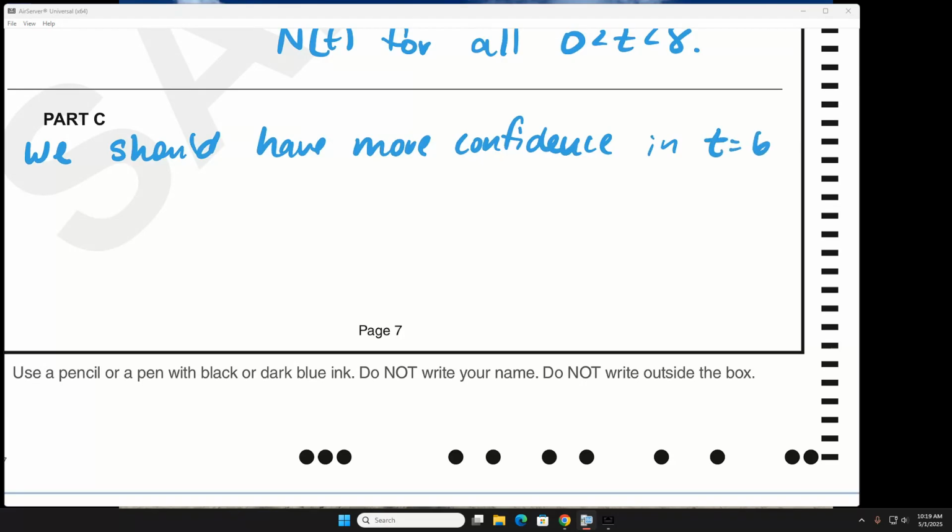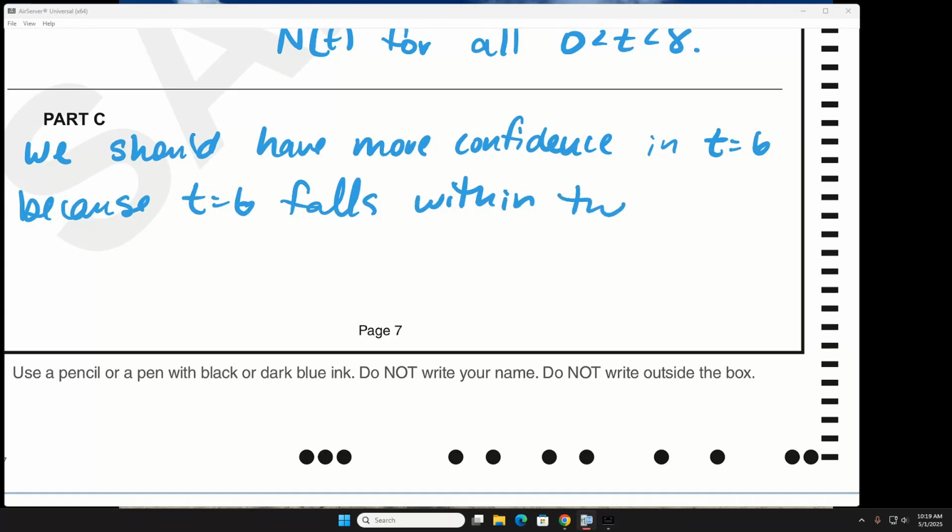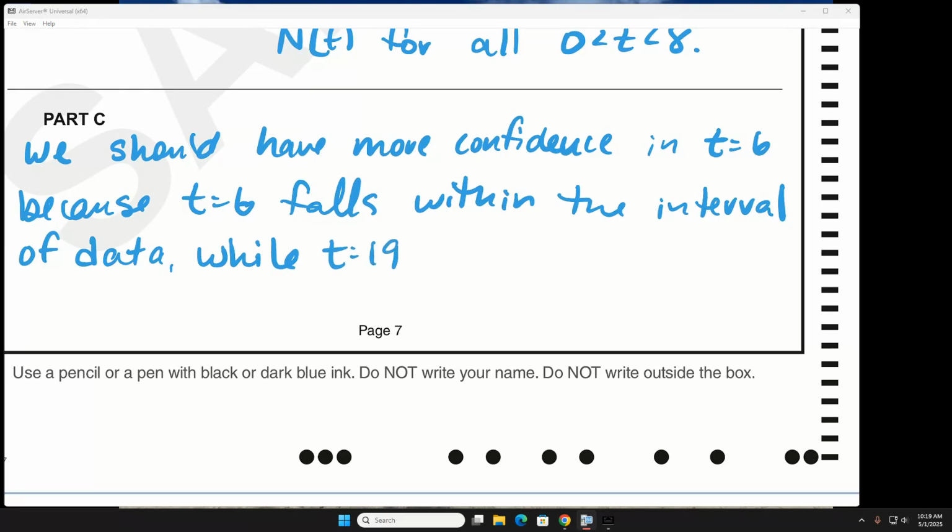In t equals 6 because t equals 6 falls within the interval of data, while t equals 19 falls outside, or something like that.